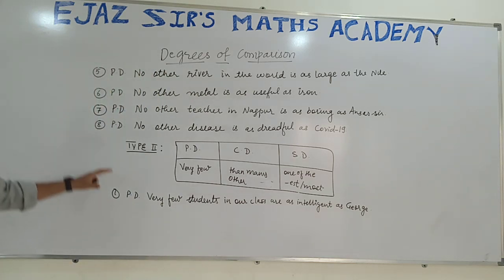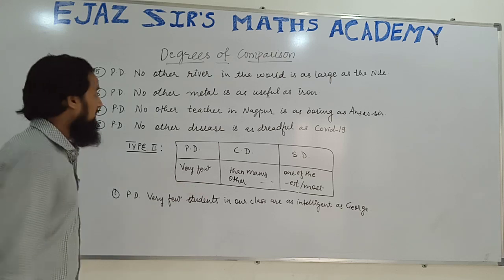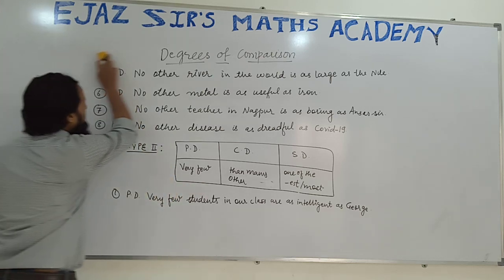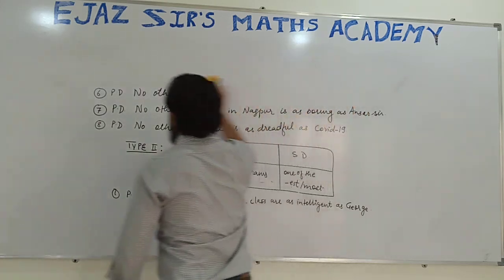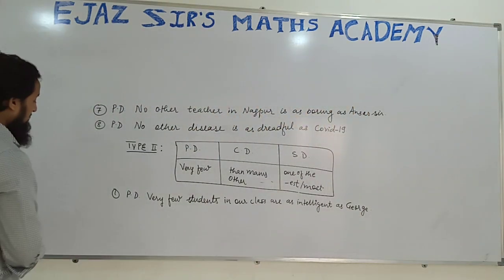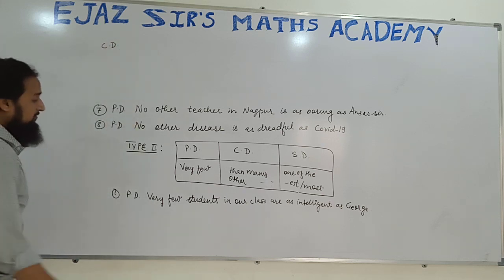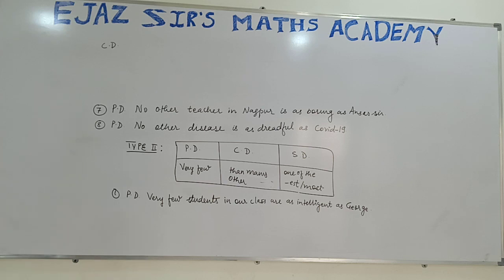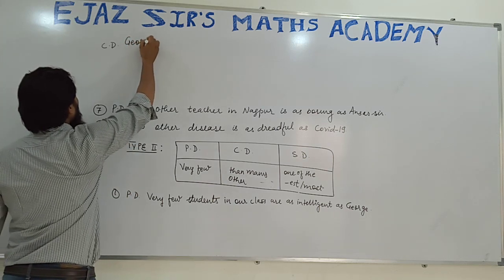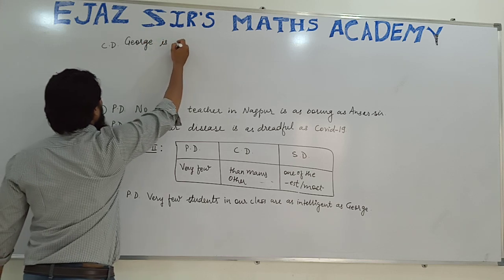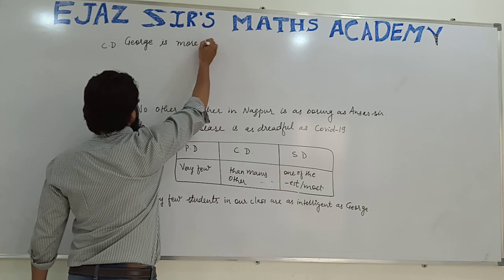You can pause the video, note down the questions so that I can erase them. I can wipe them off from here and write down its comparative degree. Say its comparative degree. Then I will explain. Very few students in our class are as intelligent as George. So it will be George is. Intelligent has comparative degree as more intelligent.